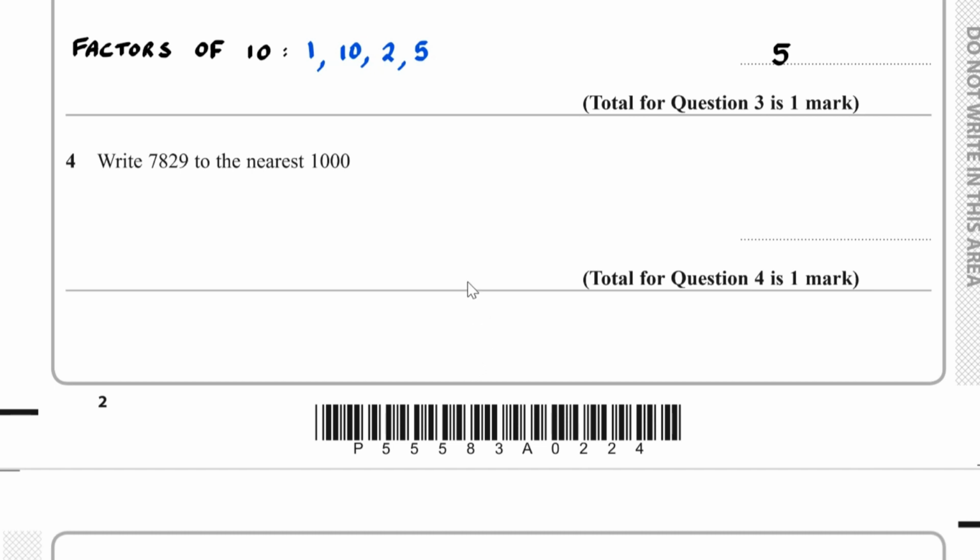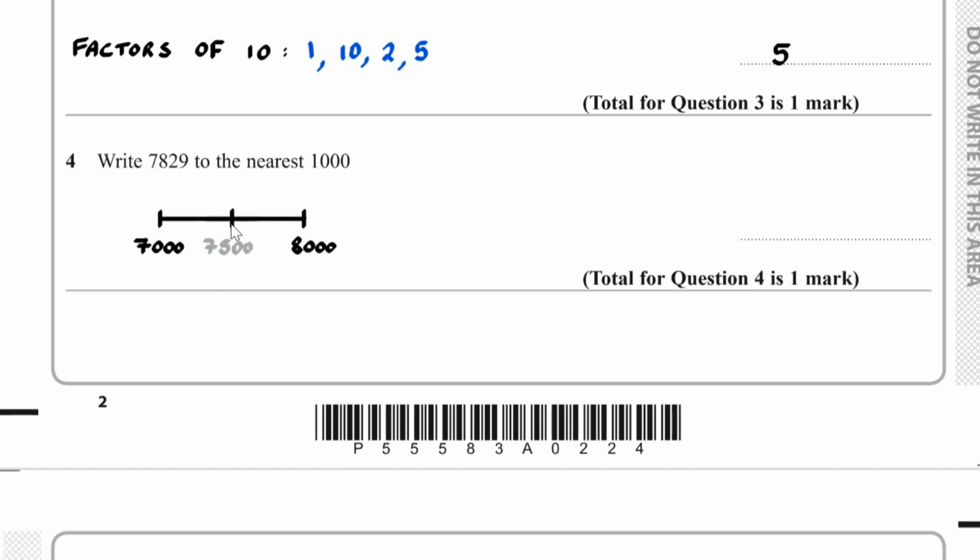Question number 4, we have to write 7,829 to the nearest 1,000. Well, if we have a number line, and if we're rounding to the nearest 1,000, that means the number can lie in between 7,000 and 8,000. And our halfway point is 7,500.